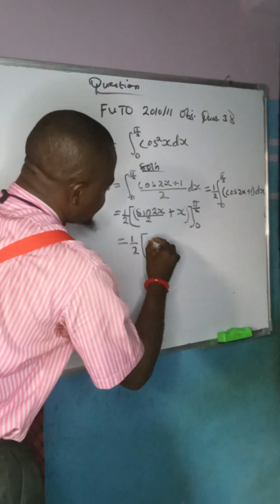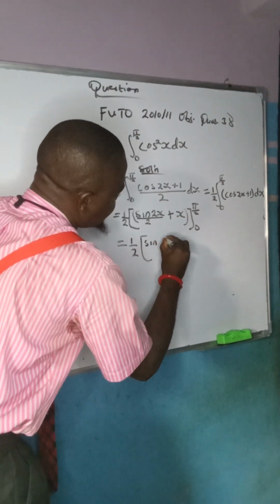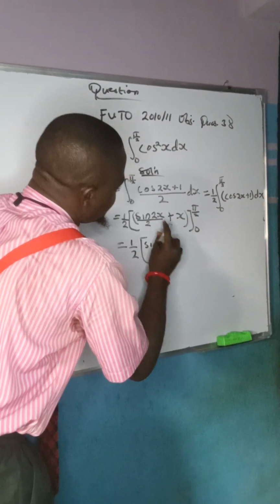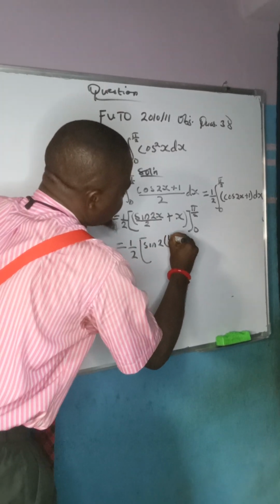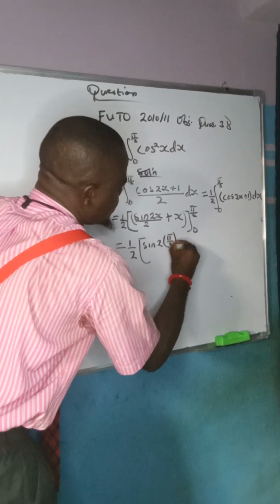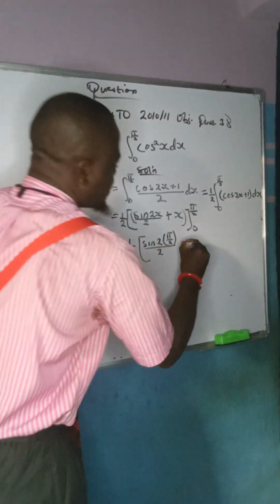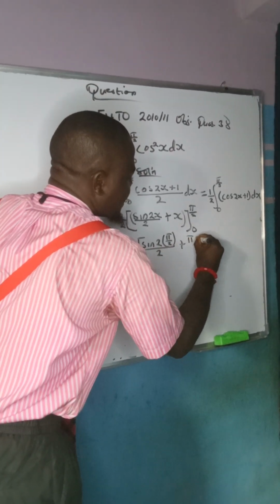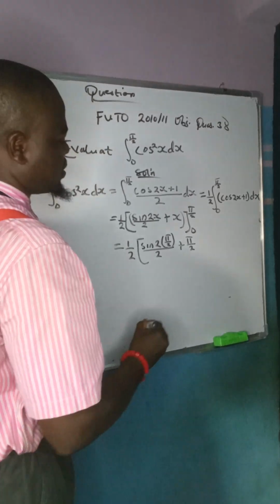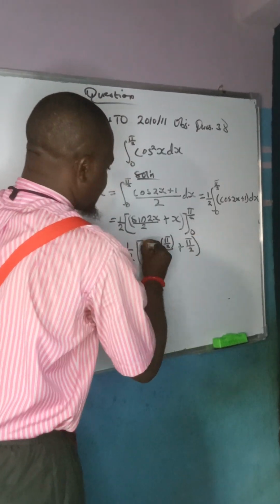I'll use pi over 2 first. Now I have sine 2 times pi over 2, over 2, plus pi over 2. I'm done with here.